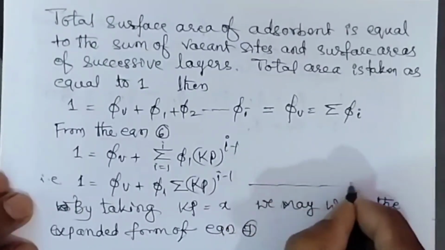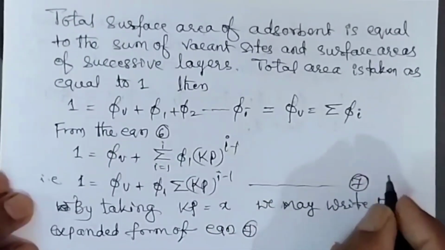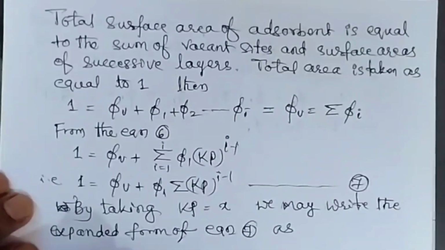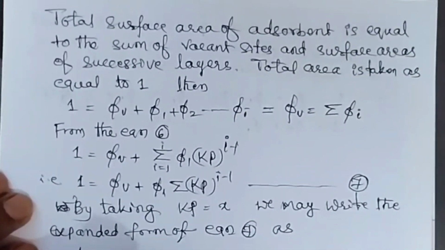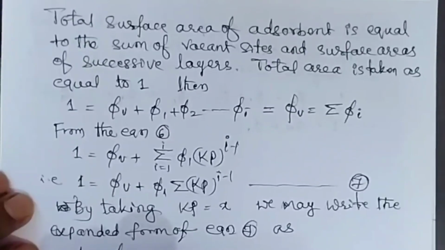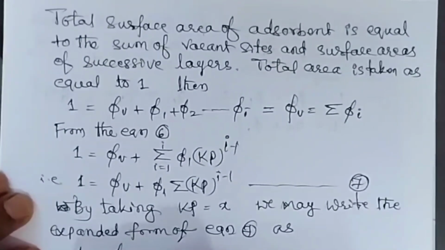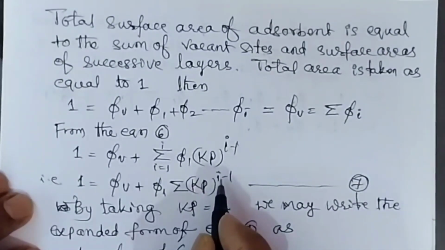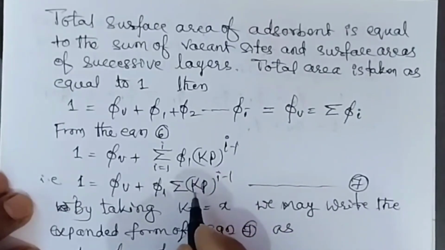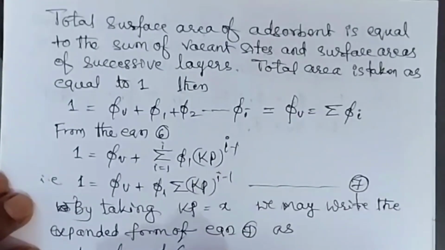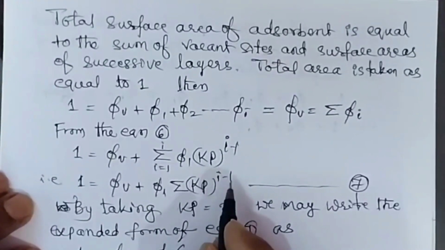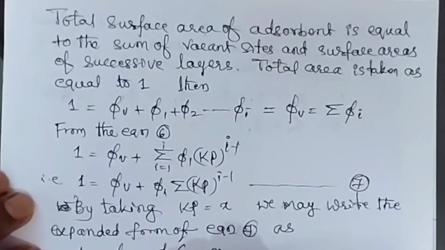Suppose this is equation 7, as 1 equals pi v plus pi 1 as it is. Then you take I equal to 1, 1 minus 1 equals 0, and Kp raised to 0 equals 1. This is 1 plus I equal to 2, 2 minus 1 equals 1, Kp raised to 1 means x raised to 1, x.